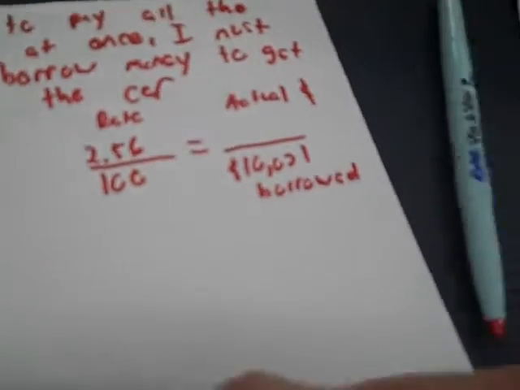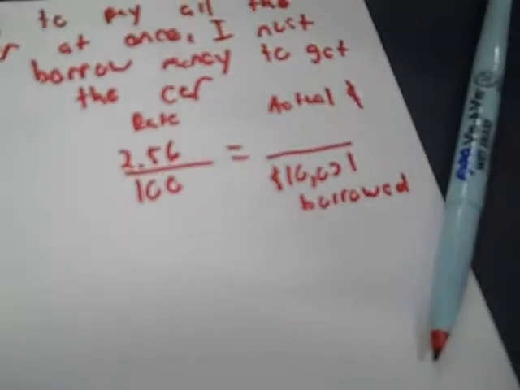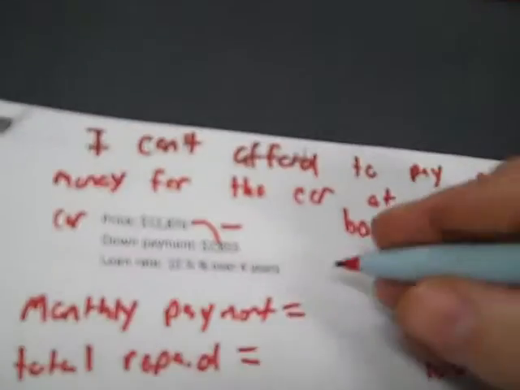So I can cross multiply and divide. So I take 2.56 times 10,021, and then I divide by 100. That's $256.54. That's your monthly payment.